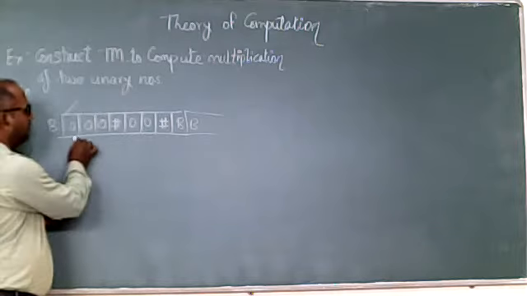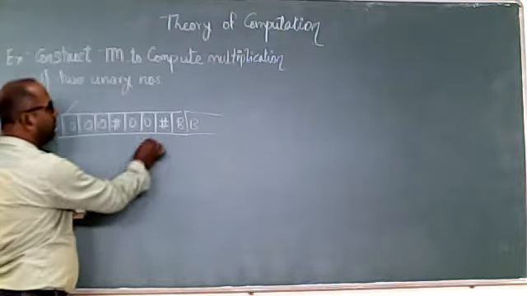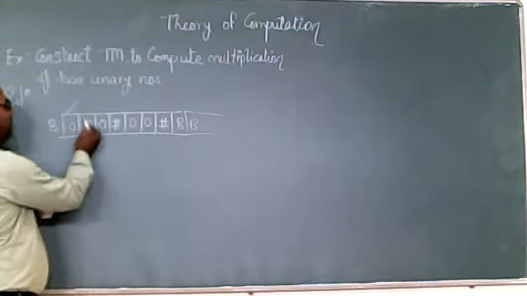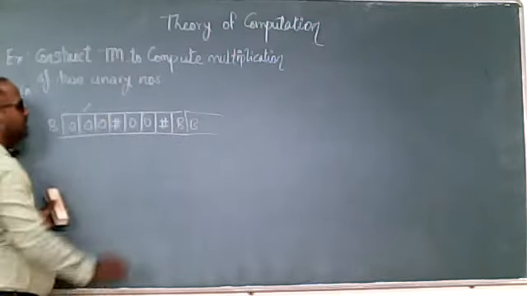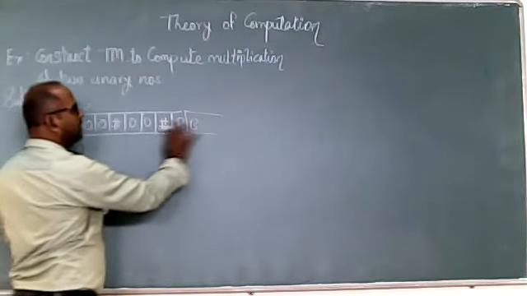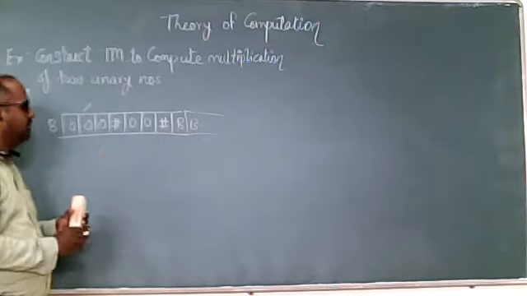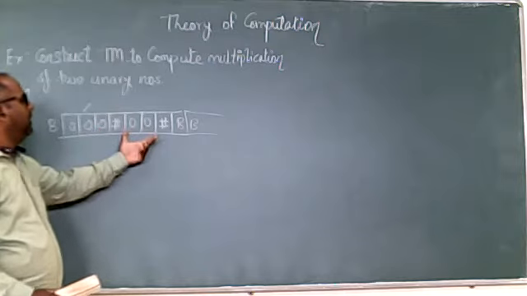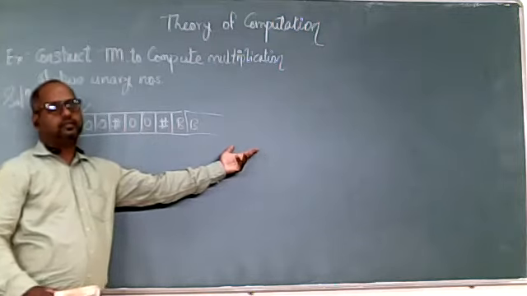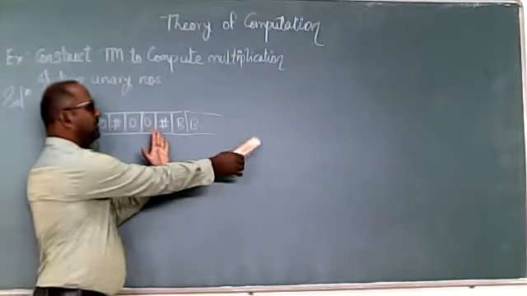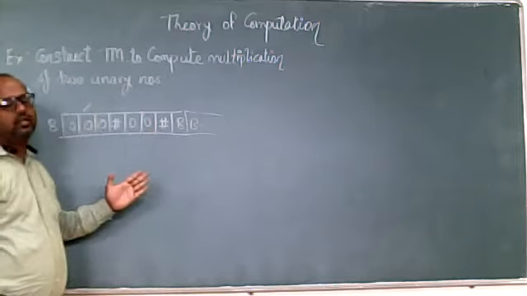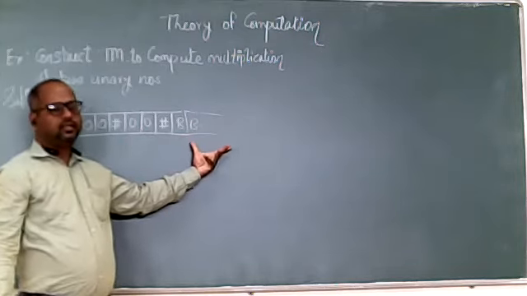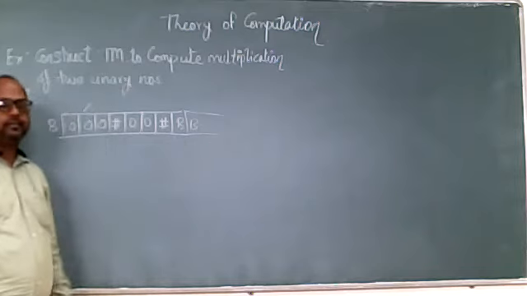We'll count this first number and move here, and copy the second number onto the result part. Again we'll come back and count the second one, come here again and copy the number again at the result part. Again we'll come back, count the third, and copy this number at the end of the result. So after this hash we get the result. When the count is finished, this will be the result. That is our today's problem statement.